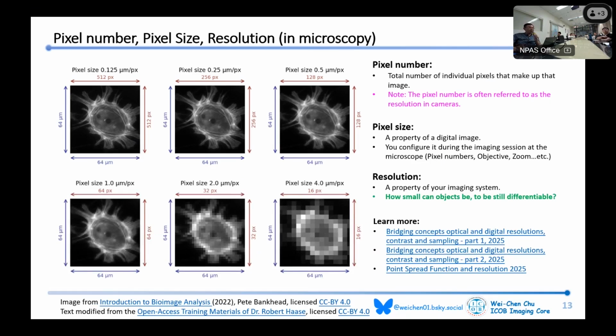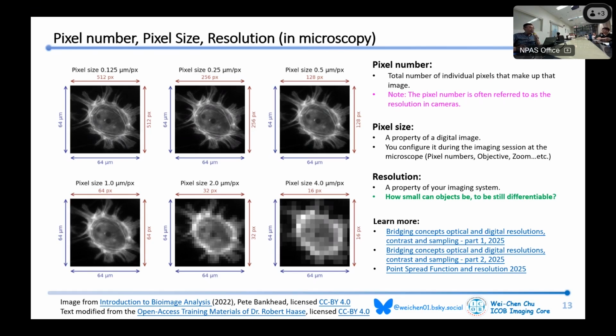Sometimes, for example, a camera or a phone will say the resolution is, for example, 10,000 million pixels. But that pixel number is not really the real resolution. That means how many pixels they can store.